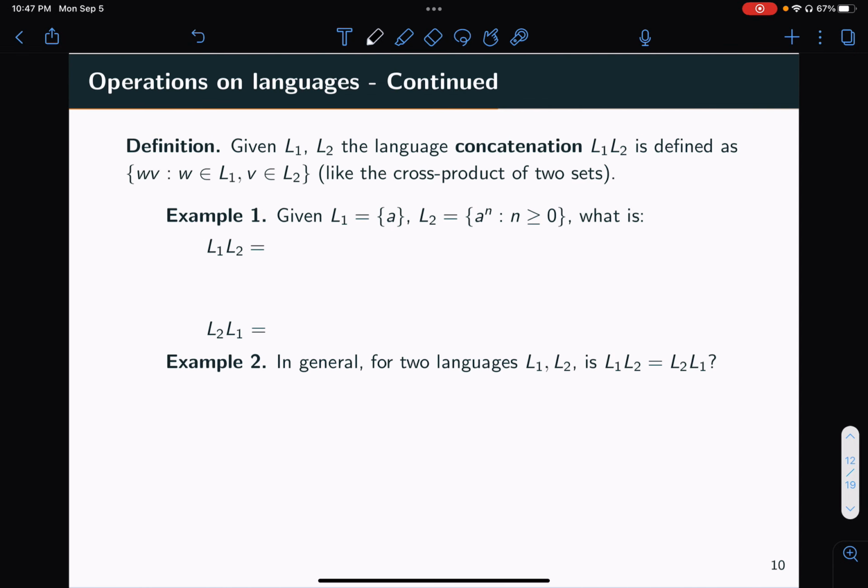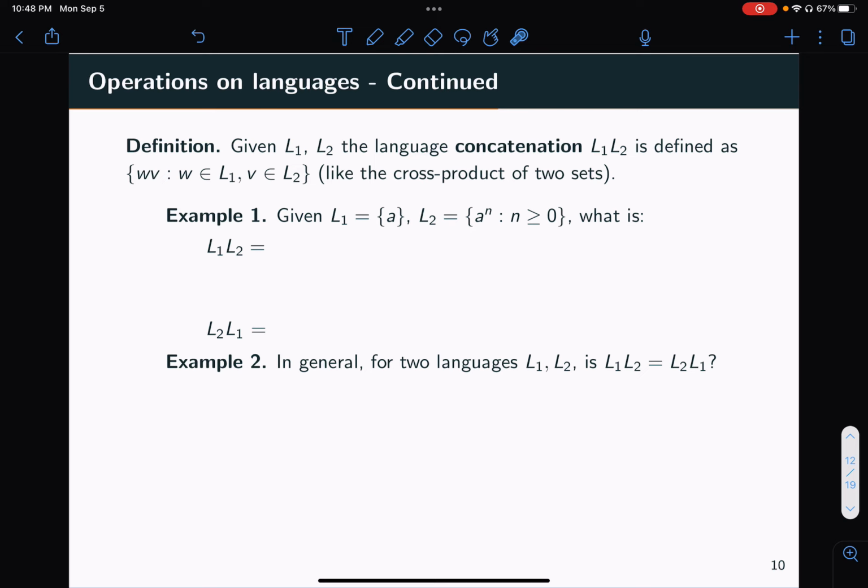Next is the concatenation. So the concatenation of two languages is defined as follows. We're given two languages, L1, L2. Then the concatenation L1 concat L2 of these languages is defined as the language where you take each string W in L1 and concatenate it with each string in the language L2.